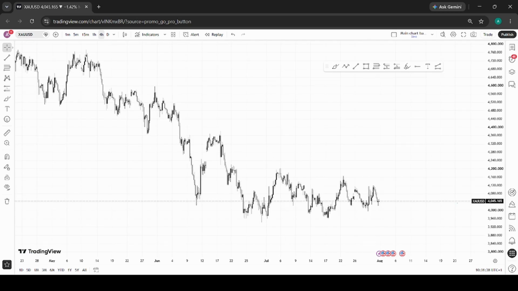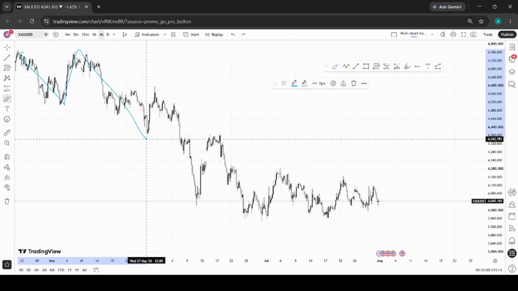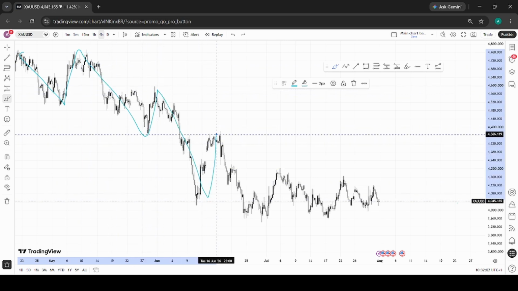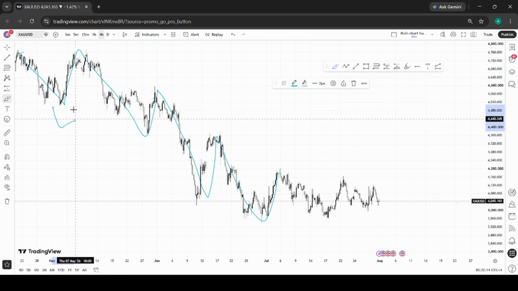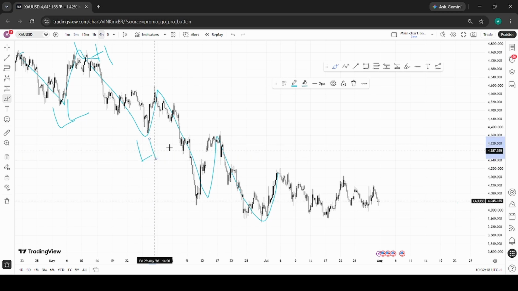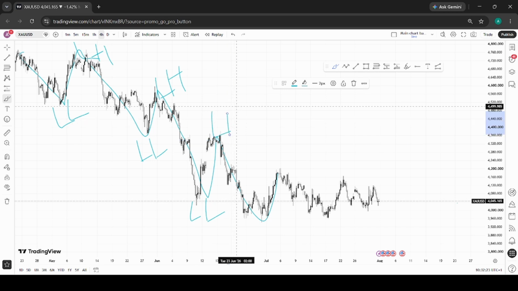With everything that I have taught you, if you look at this chart, what is the chart doing? Just by looking at this chart, you can see that the market is in a downtrend, which means XAUUSD has been in a downtrend because we are seeing a lower low here, a lower high here, lower low, lower high, lower low, lower high.